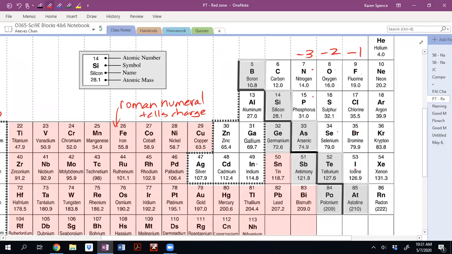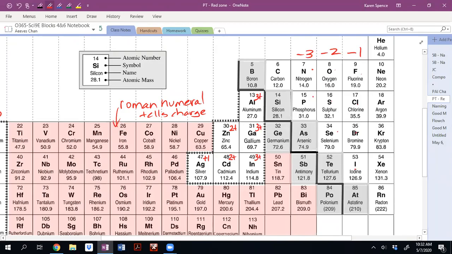But once again, it's as easy as one, two, three. And look at this, there is one element in silver's column that is plus one. There are two elements in zinc's column, zinc and cadmium, that are plus two, and aluminum has one, two, three. Those are all plus three.